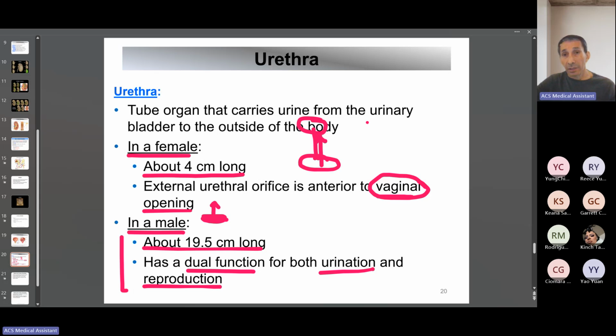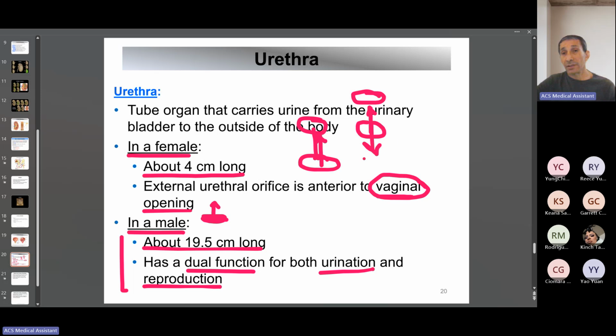So you wipe the anal canal, you don't do it this way, upward, because here is the reproductive part. You do it this way instead. So that's very important.